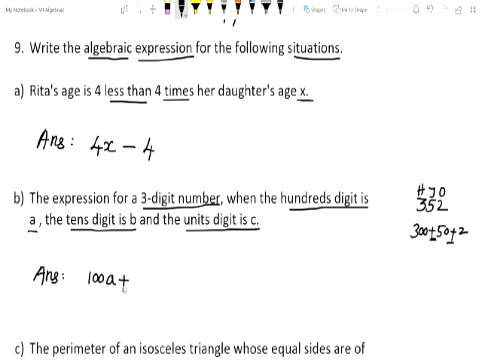This is expanded form. Tens digit is B, so 10B. Here 10 represents the tens digit. Then plus unit digit is C. So what is the expression you are receiving? 100A plus 10B plus C. Do you understand, children?